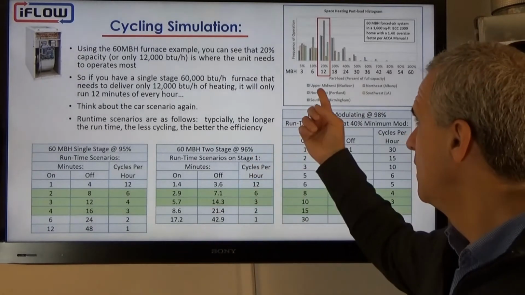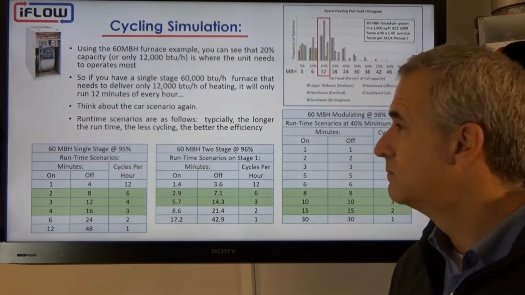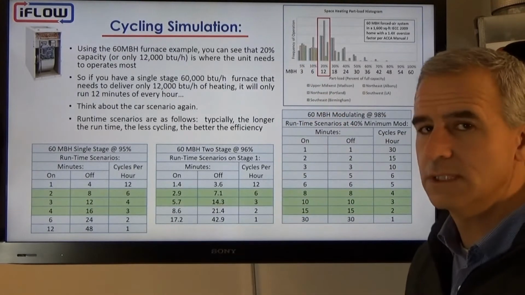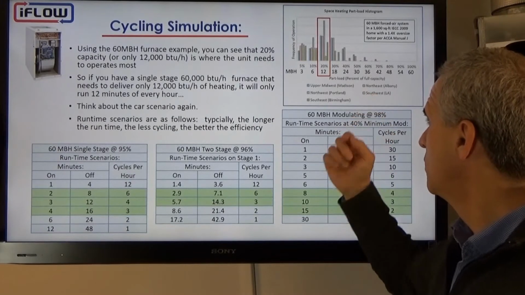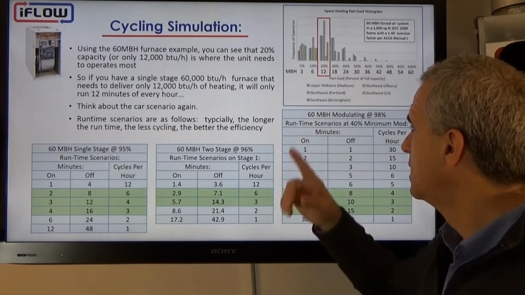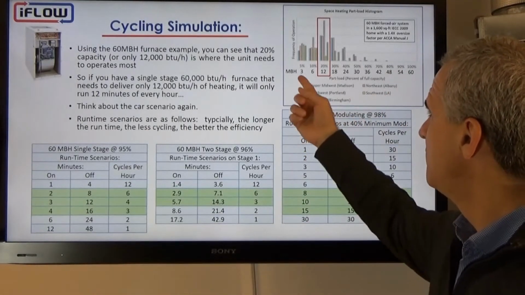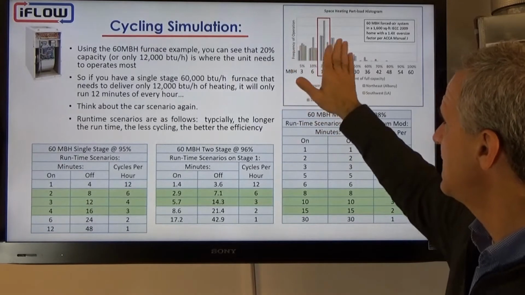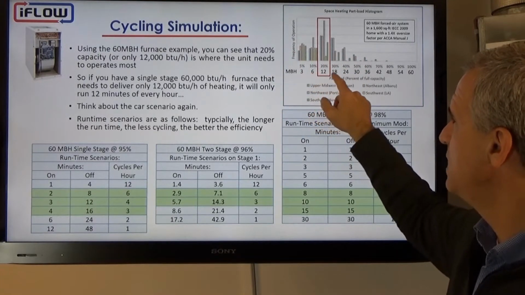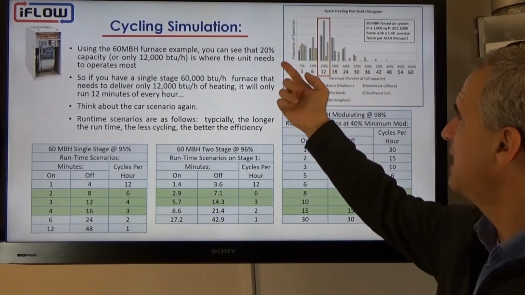The blue line being Madison, Wisconsin, the orange line being Albany, New York, the gray being Portland, Oregon, the yellow being LA, Los Angeles, California, and then the green being Birmingham, Alabama. So we have these 5 locations, and this is the heat distribution. So how many thousand of BTUs is it using? What percentage is it using through the heating cycle?